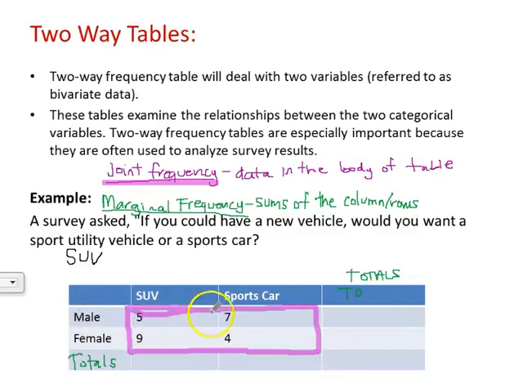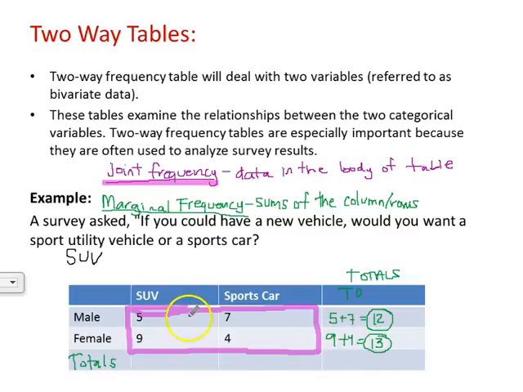How many total males were surveyed? We add the 5 plus the 7 in that first row to get 12. So 12 males were surveyed. What about females? We add 9 plus 4 to get a total of 13 females surveyed.